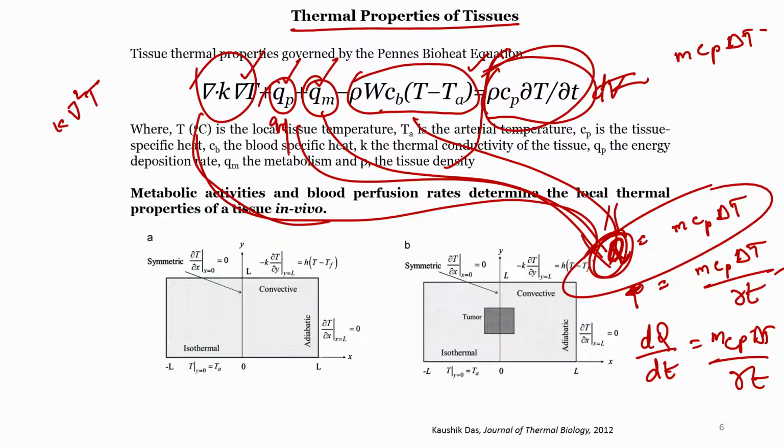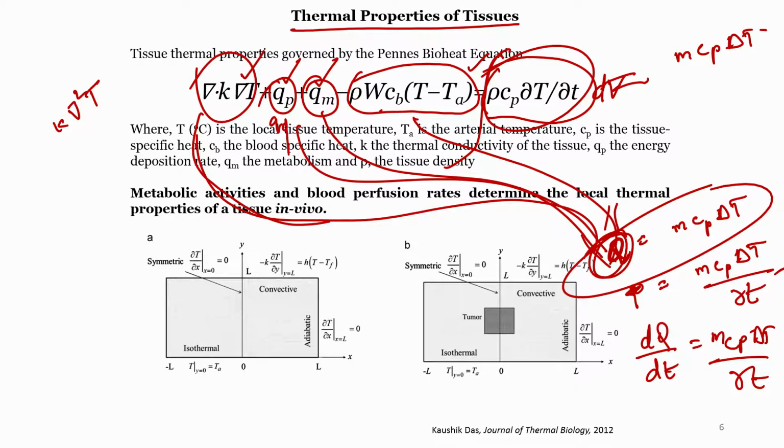You have to say Penne's bioheat equation is fundamentally the heat transfer equation only, which is Q equal to mCp dT, but the Q term there is contributed by multiple factors. There are a lot of things happening inside the biological tissue. It is not a non-living inactive entity. A living tissue is a site of intense activity.